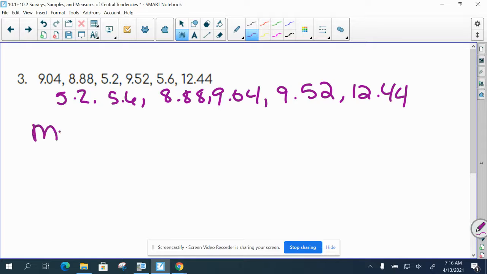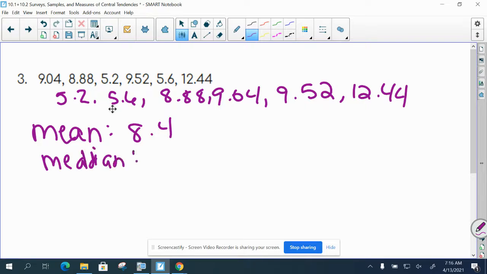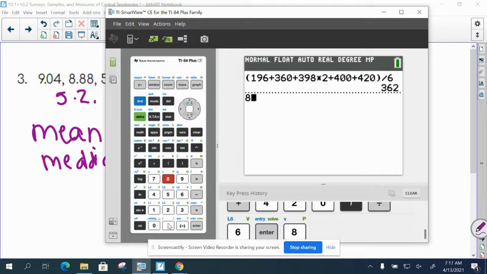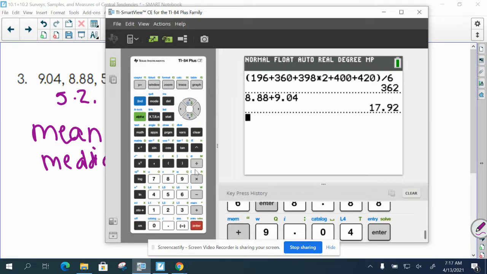So your mean, if you add all these up, you would divide by 6 and get 8.4. Your median is going to be between the third and fourth value. So you can think in your head, or you can add those two numbers up: 8.88 plus 9.04, divide by 2.